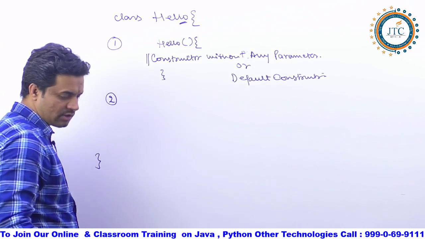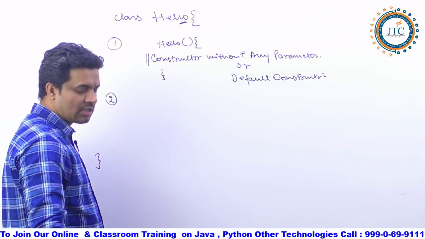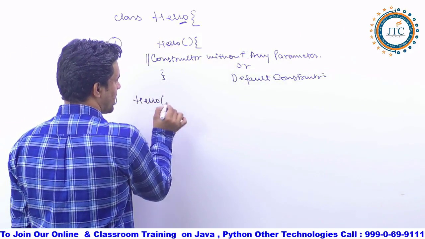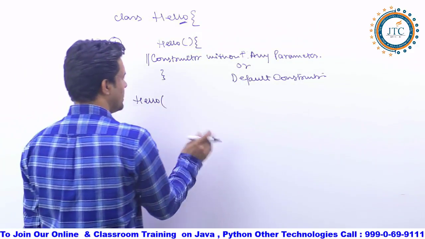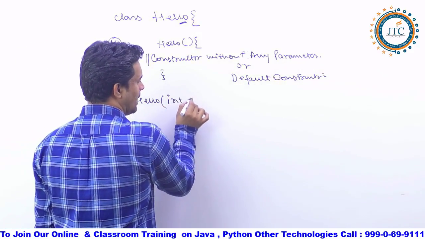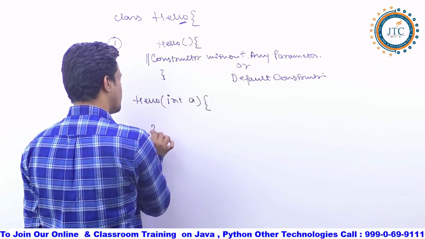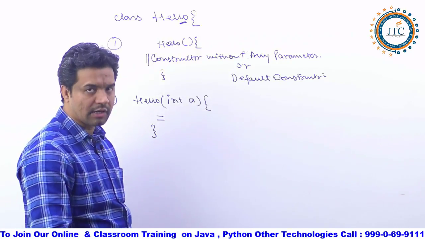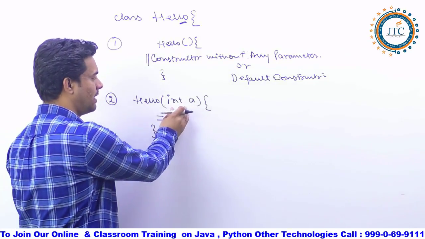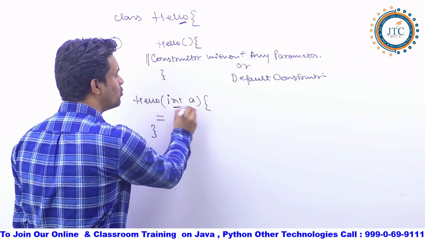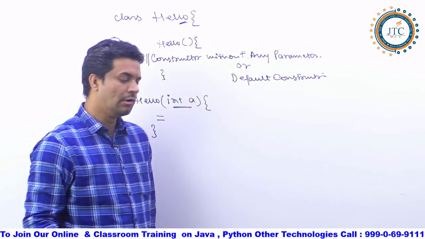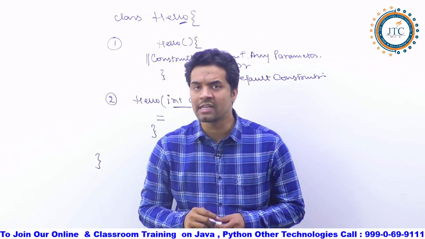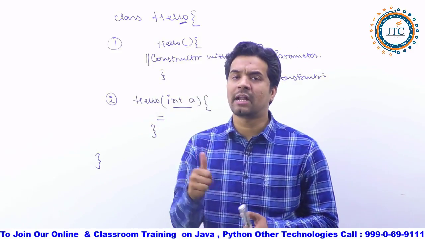Now what is the next type of constructor you can write inside the class? You are writing hello, and in this case I'll write one parameter here. One parameter I am going to write for this constructor. Fine. So this parameter you write in the case of a constructor.